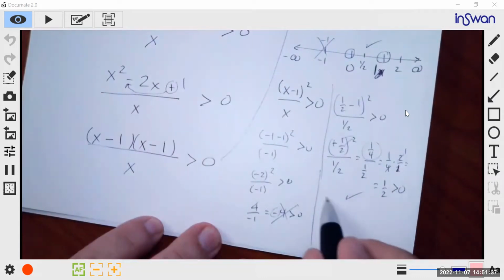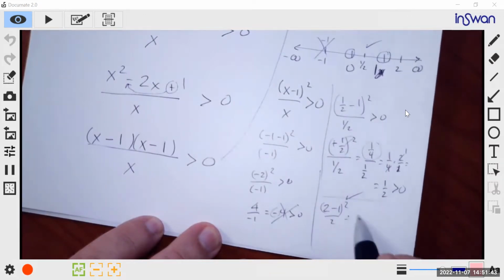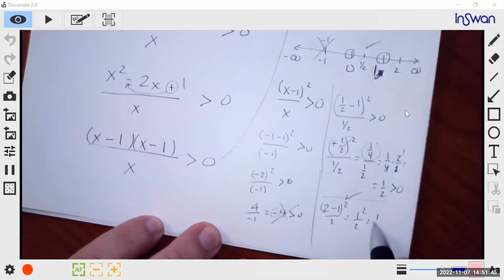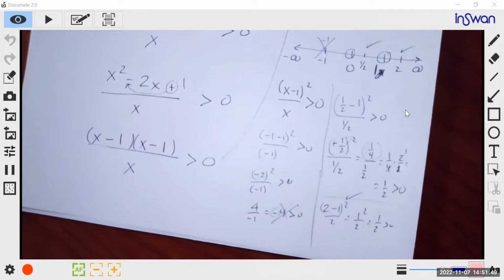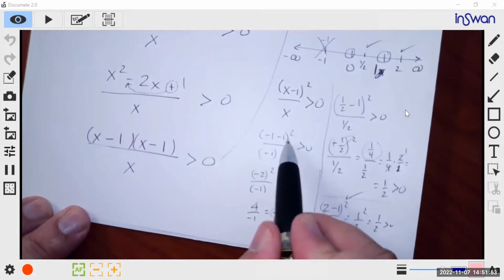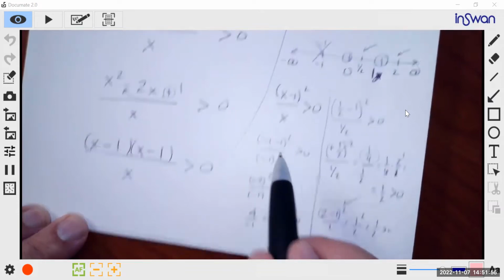How about 2? 2 minus 1 squared over 2. 1 squared over 2 is 1/2. So that works. Why does that work? Well, yeah, because we have a multiplicity. The graph bounces there.